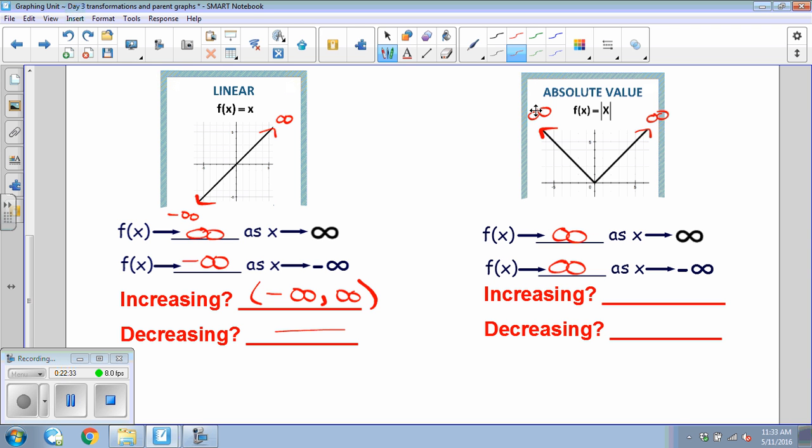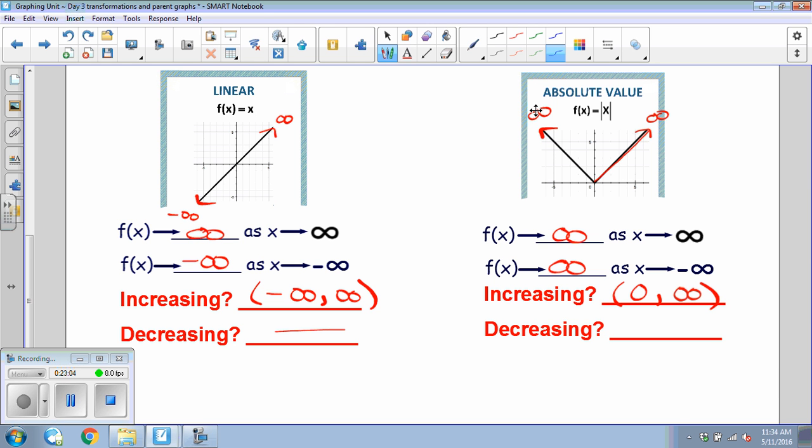Increasing and decreasing. What values of x is that function increasing? 0 to positive infinity. It's increasing on this side. So from 0 to positive infinity. What values of x is it decreasing? From negative infinity to 0.